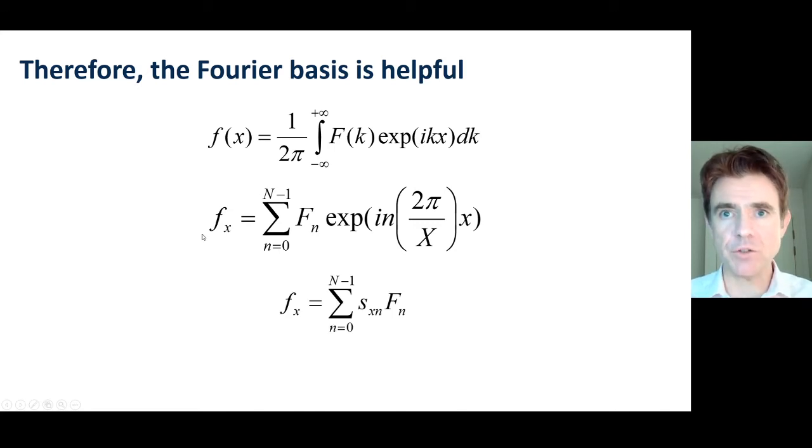In matrix vector notation, I'll illustrate this in a moment, we can just say that that's the input vector f there. And notice that we have a frequency index n and a spatial index x. That's two independent variables from which we can create a matrix.